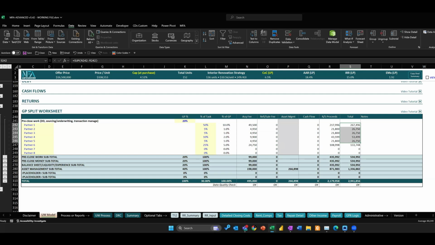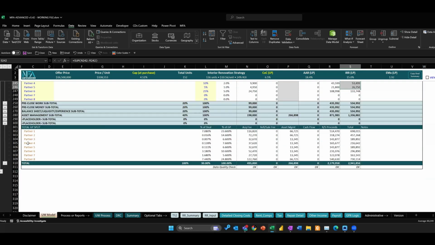You can break out the GP split, and then at the total level, you can see partner one, this just summarizes everything. So partner one is getting 23.6% of the total GP based on the work above. And you can see it broken out here. And then you can see the actual percent of the entire deal. So they actually are getting 7% of the entire deal. And then you can see the total fees that they're getting here.